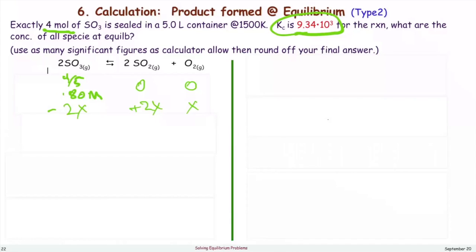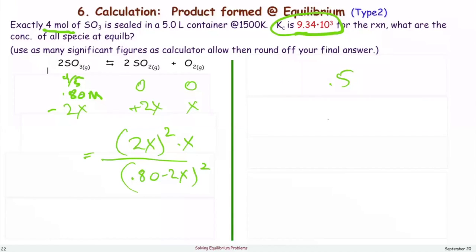So remember that if you do the mass action expression on this, this is 2x squared times x over 0.80 minus 2x squared equals 9.34 times 10 to the 3. Well, in here somewhere, you're going to get 4x cubed, okay?